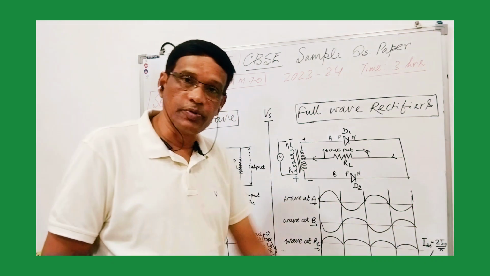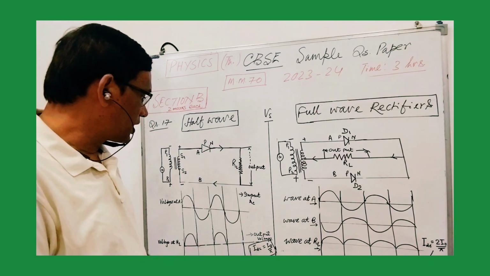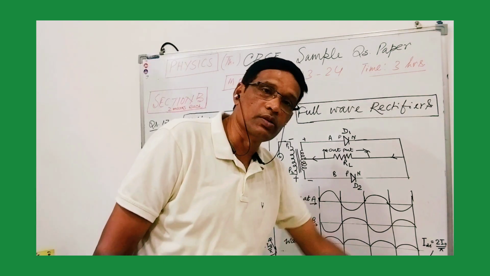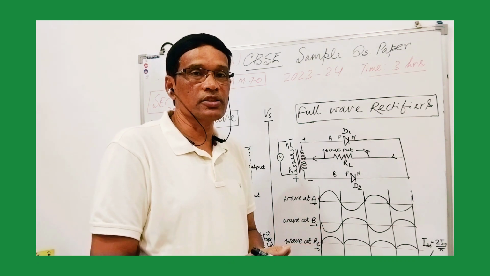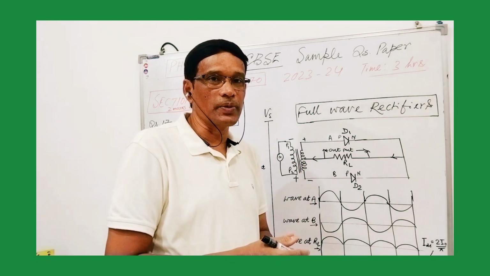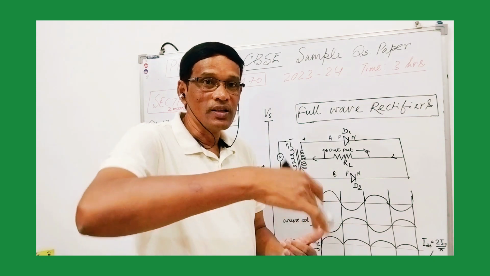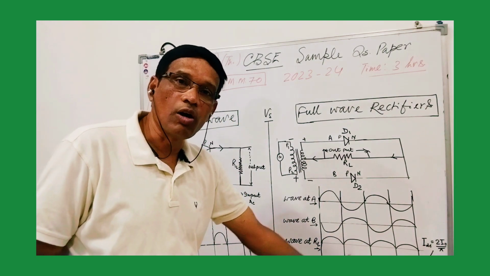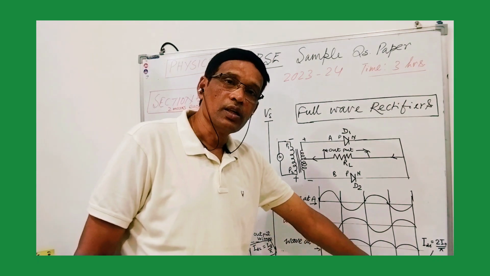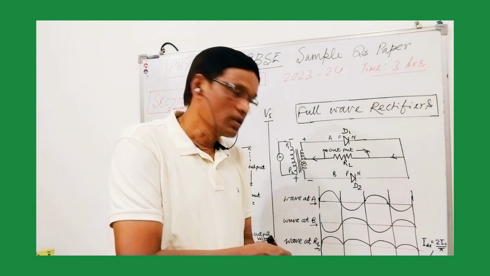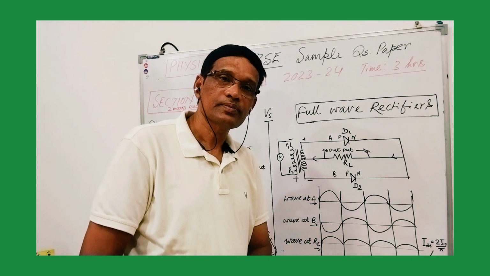So this is the basic difference. And what you will be seeing here is the frequency also. The pulse frequency will be twice that of the AC, because for every cycle of AC, whether positive or negative, you are getting one output. So the pulse frequency will be double that of the input AC.